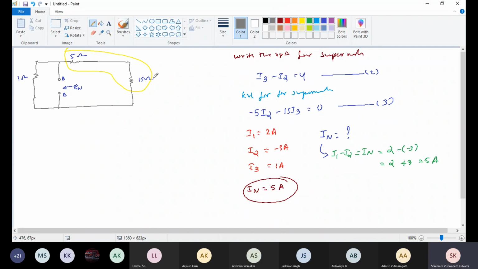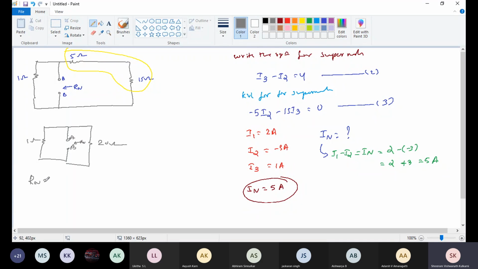So I can write 20 ohm, 1 ohm, AB, this is Rn.